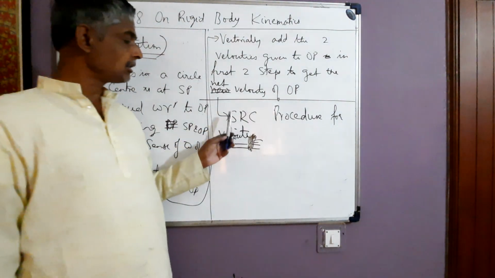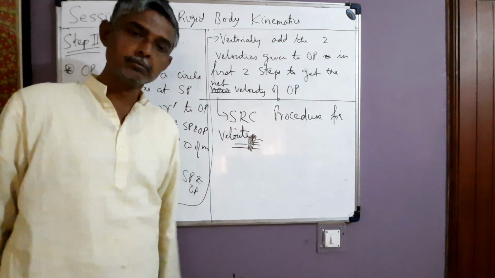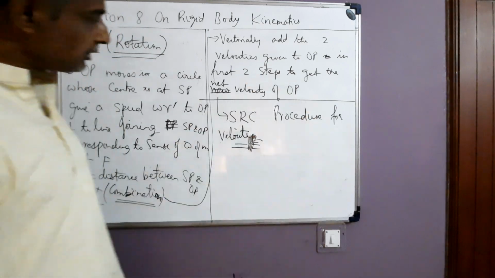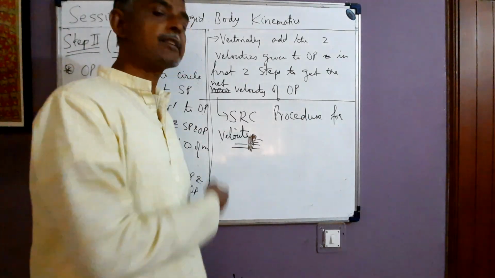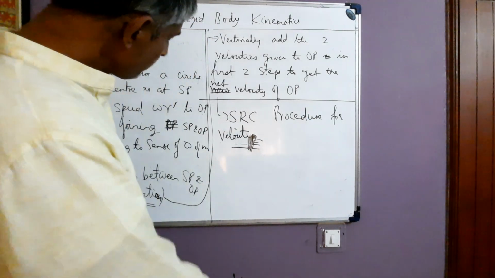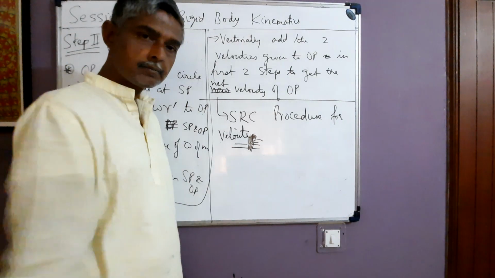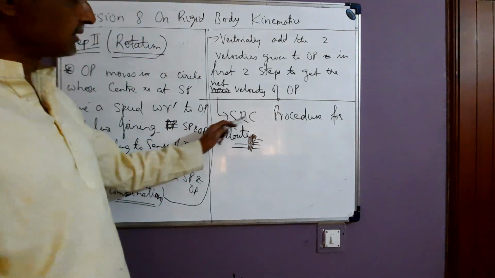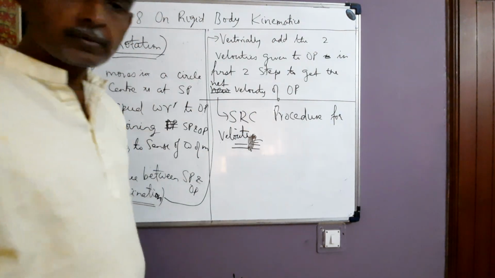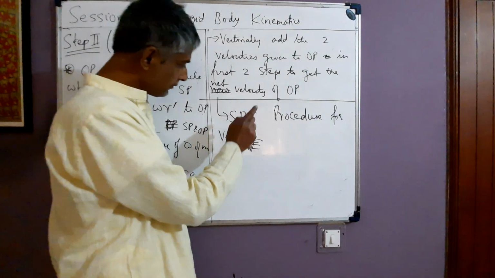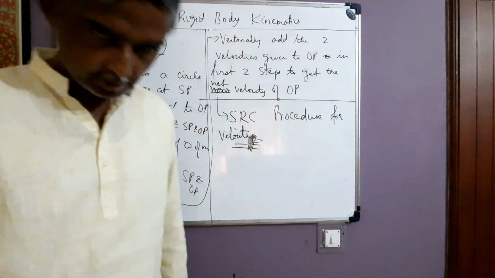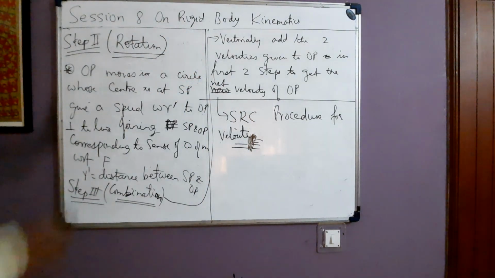S for selection, R for rotation, C for combination. In the coming videos, we will discuss that there is also an SRC procedure for acceleration. But in this one, we only take the SRC procedure for velocity.